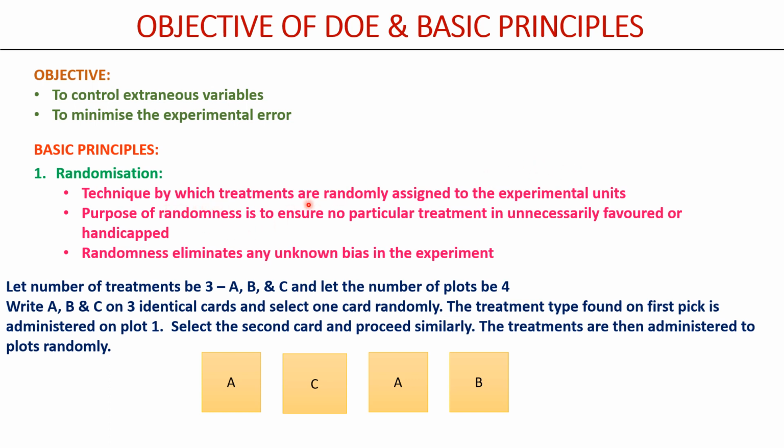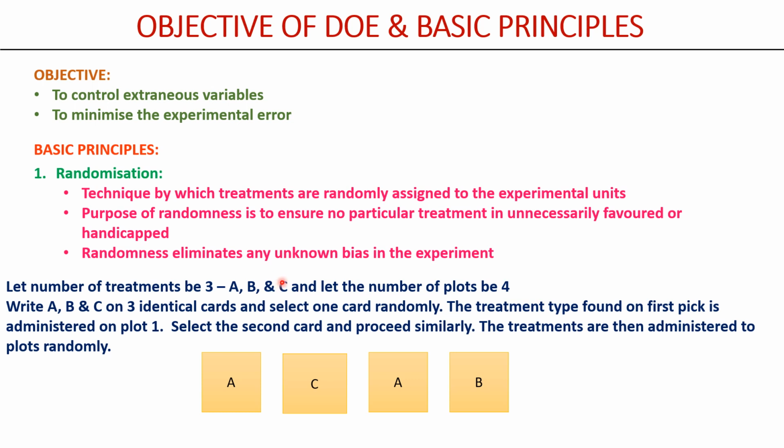That is, I don't put it as A, B, C, D. That's not the order I would follow. There are a lot of software and techniques to ensure this randomness. How do we do it? One simple example is, suppose I have three treatments here, and I have four plots wherein I have to apply the three treatments.